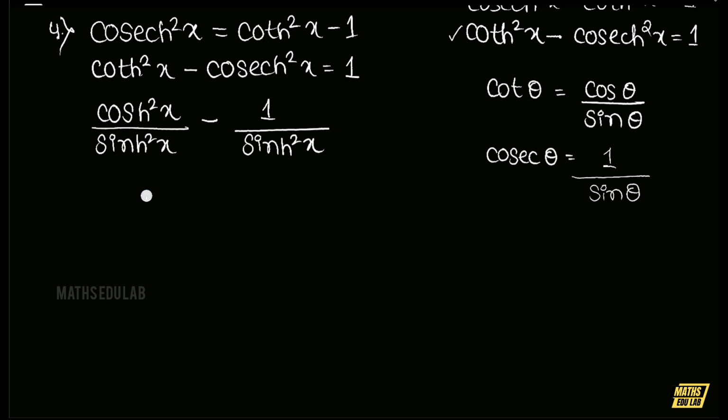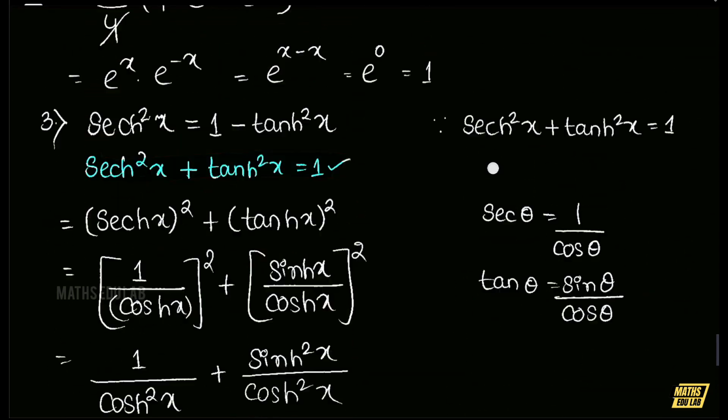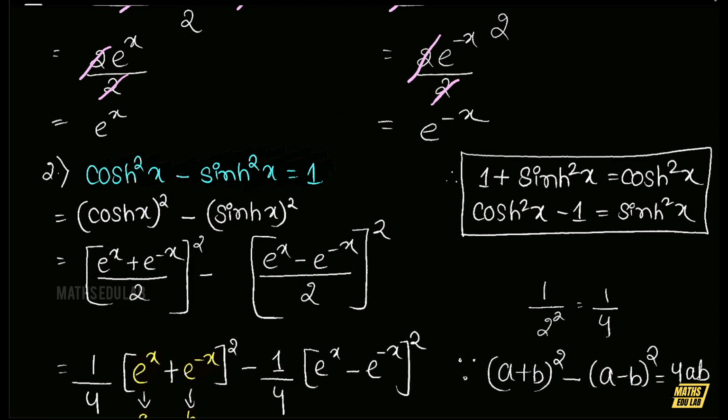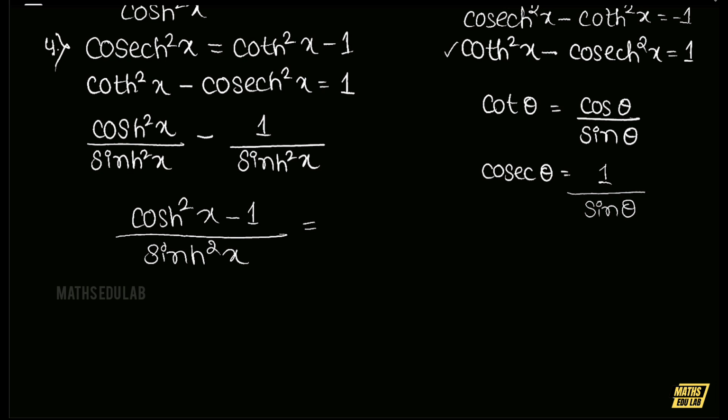So on solving we get cosh hyperbolic square x minus 1 upon sinh hyperbolic square x. If you see here, in the first identity the value of cosh hyperbolic square x minus 1 is equal to sinh hyperbolic square x. So here sinh hyperbolic square x by sinh hyperbolic square x is equal to 1.